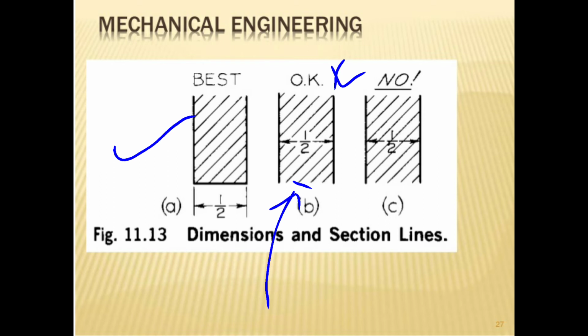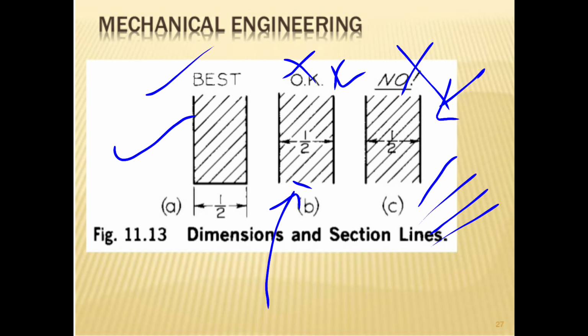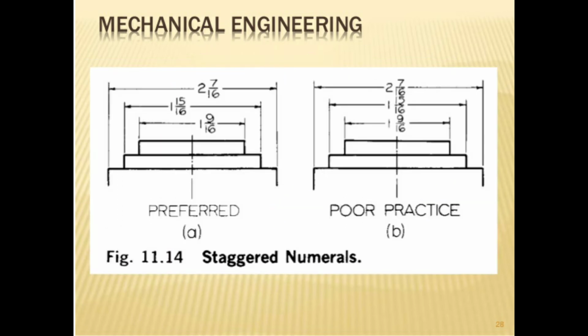And this is the wrong practice too, where all the hatching lines, the section lines, are drawn and then the dimension is also put inside them. Okay, this is the wrong practice. This is the best practice of dimensioning the same object.